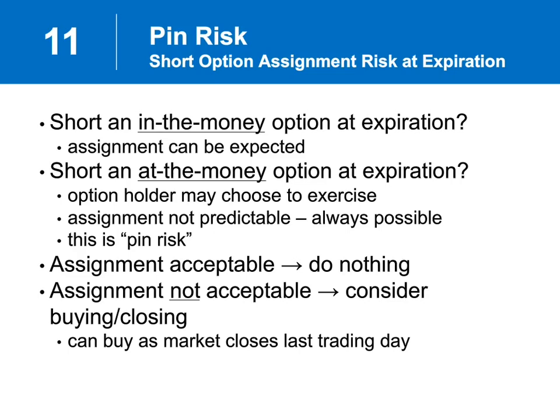And so when we've got in-the-money options at expiration, there is no question that we're going to be assigned on those. But when we have options that are right at the money, and if we think conceptually about many of our option strategies, at expiration, oftentimes the optimal point for that underlying is right at our short strike. If we think about so many different types of strategies, to be at that short strike is the best spot.